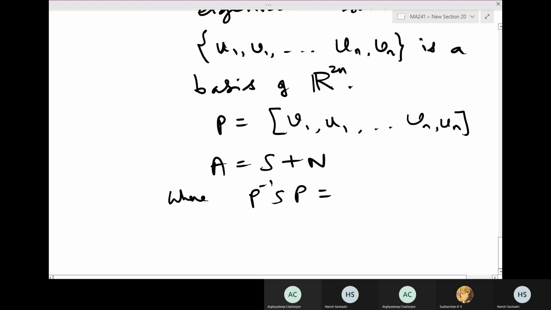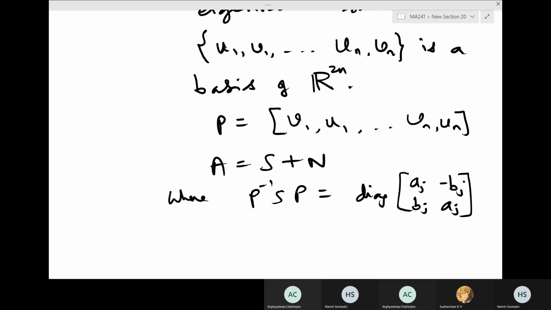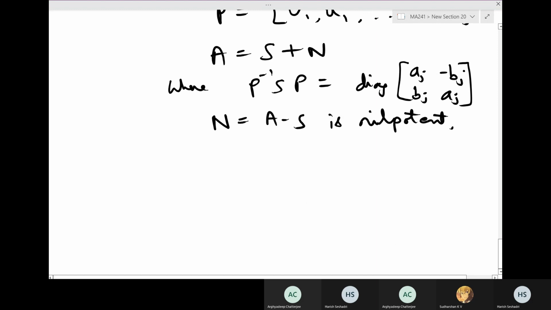So just as before, when we dealt with distinct eigenvalues, we'll get 2 by 2 blocks: Aj, minus Bj, Bj, Aj. And N equals A minus S is nilpotent. And NS equals SN.